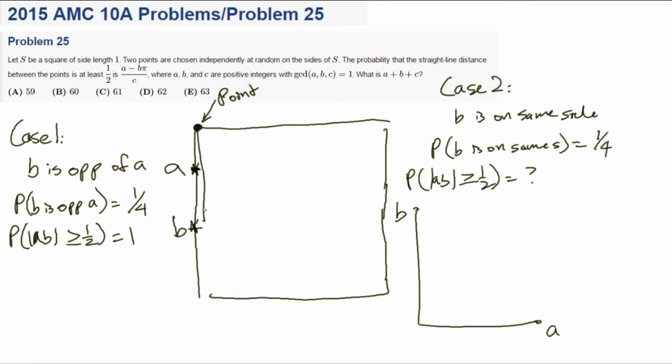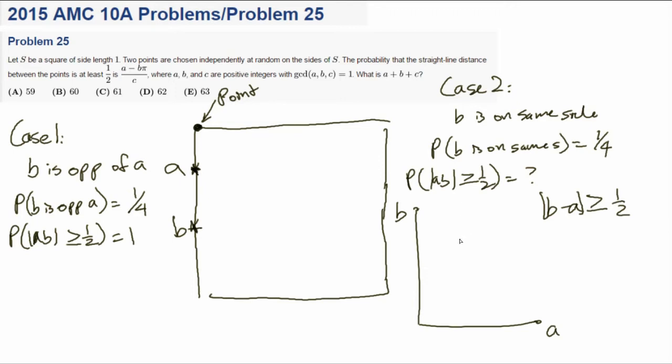We want the absolute value of B minus A to be greater than or equal to 1/2. Because if that is so, that means AB is going to be greater than or equal to 1/2, because their difference in distances from this point is equal to the distance between them.